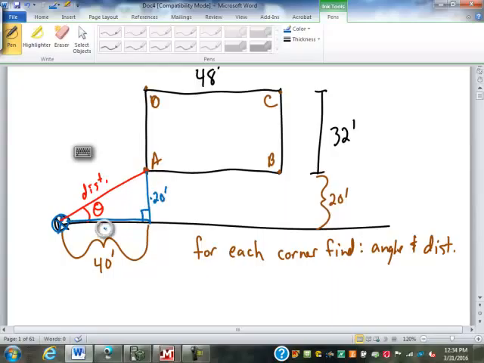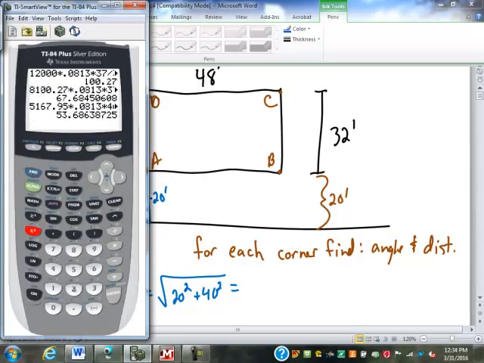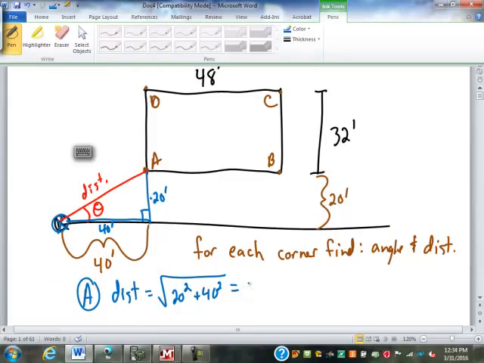This side is going to be 40 feet. So my distance for point A will be the square root of 20 squared plus 40 squared. Otherwise known as 44.72 feet.